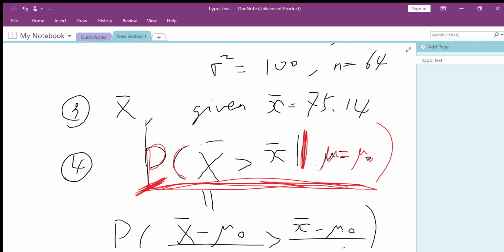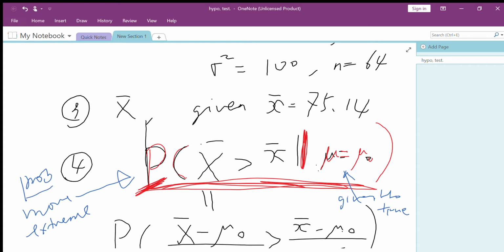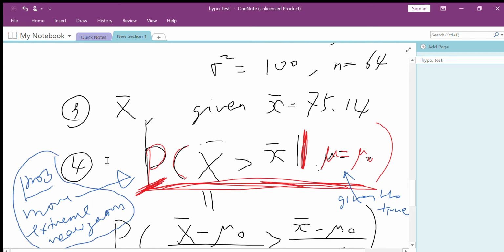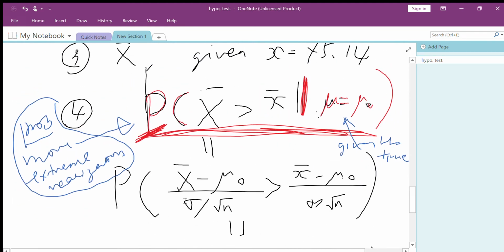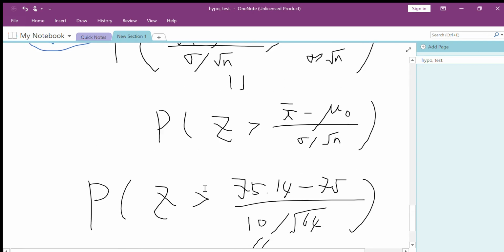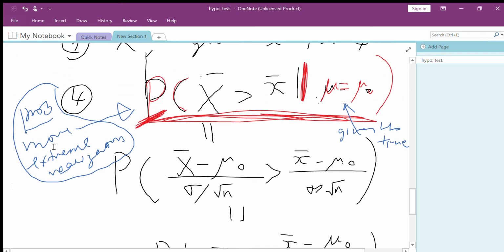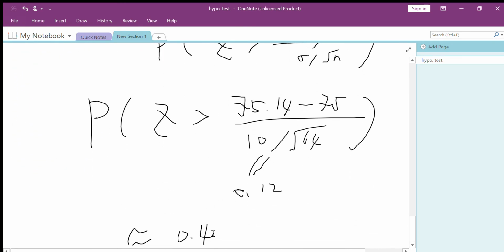So then you can interpret this probability as follows: given H0 is true, it is the probability of a more extreme realization. In this specific example, given H0 is true, the probability of a more extreme realization is 40%, which is a very high probability, which means the decision we should make about this hypothesis testing is to not reject H0.